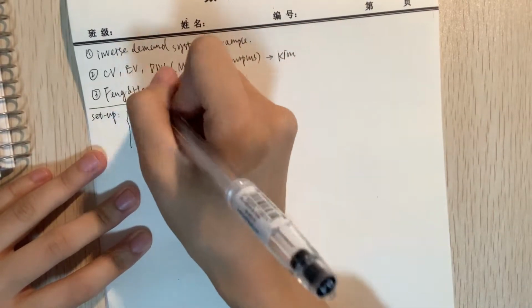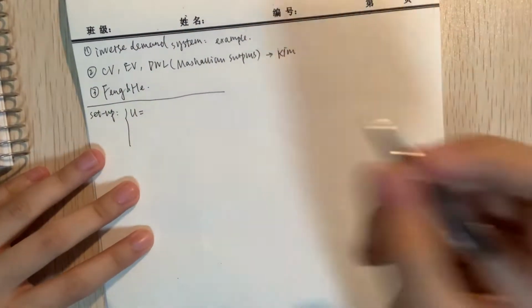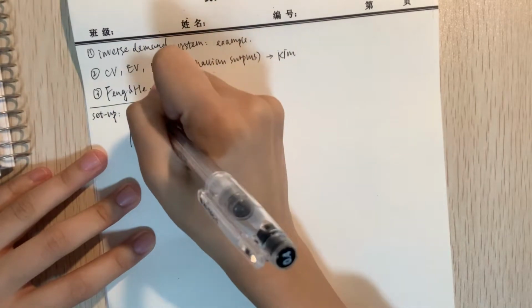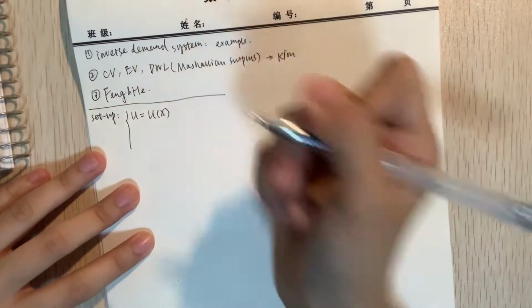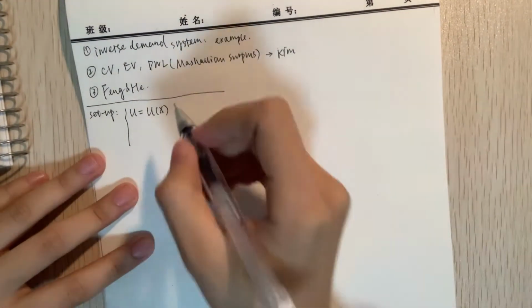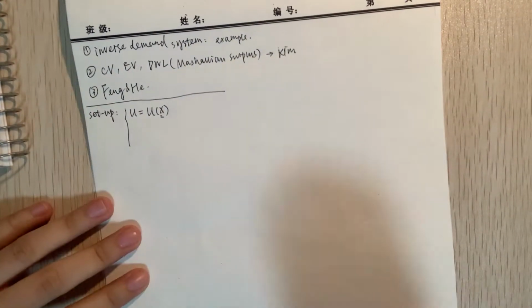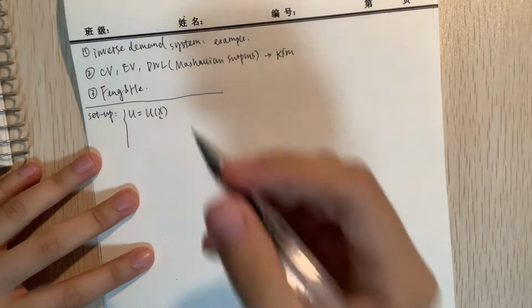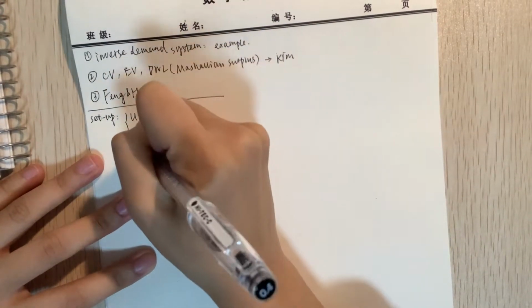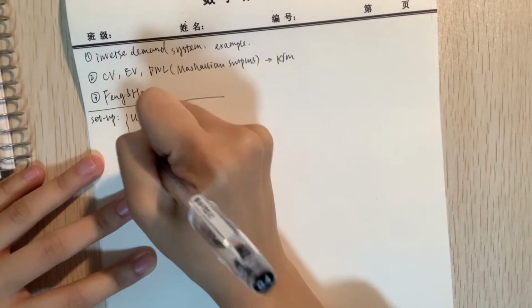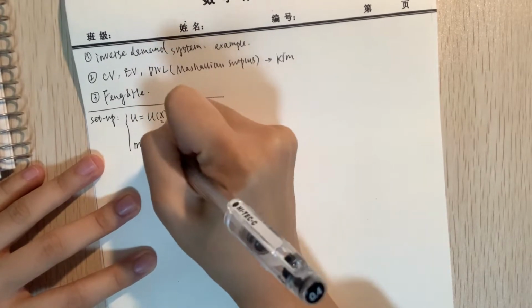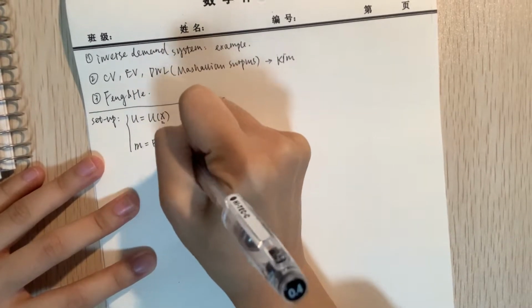We have a utility function, which is based on the quantity of goods that we're going to consume, and that determines the level of utility. And we also have a budget constraint, which I will denote as M.